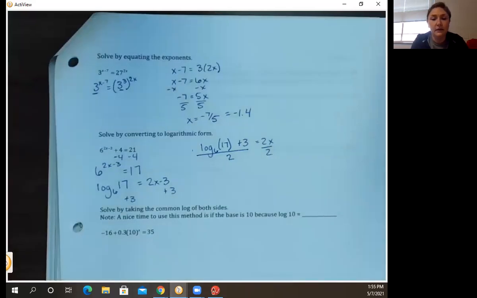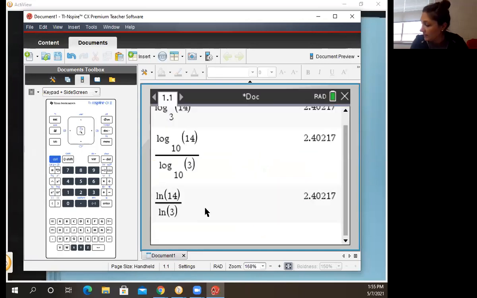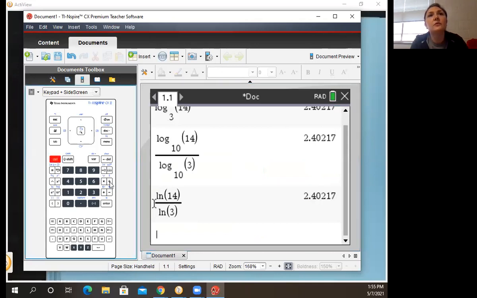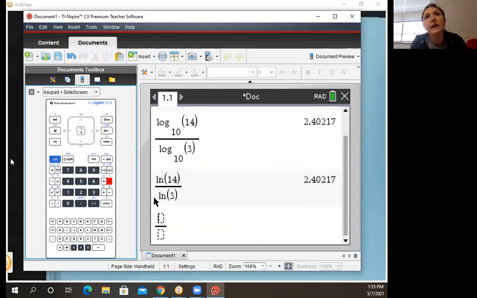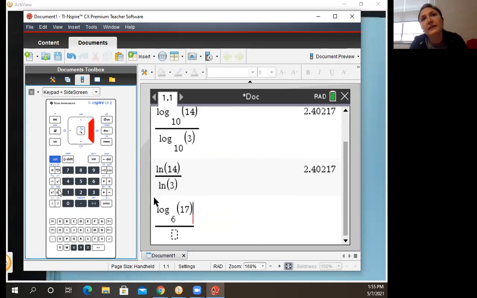So let me pull up my calculator, and I want a calculator page here. And since this is going to be kind of a bigger fraction, I'm going to do control divide so I get that fraction. And we want log base 6 of 17, and then out of the argument plus 3.